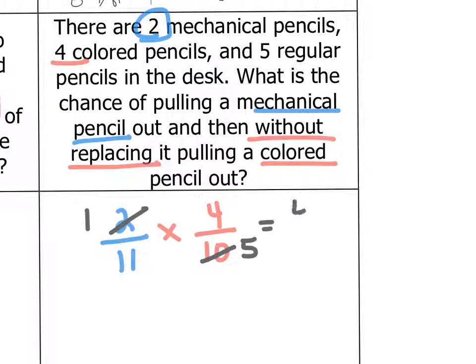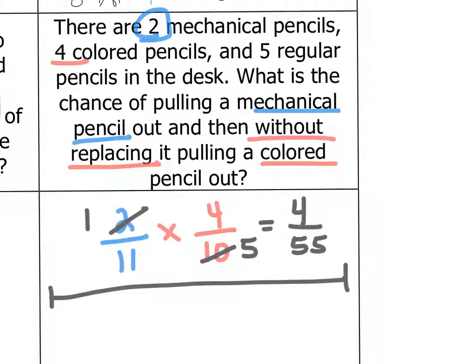Now I'll multiply straight across. And 4 out of 55 times. It's right about there.